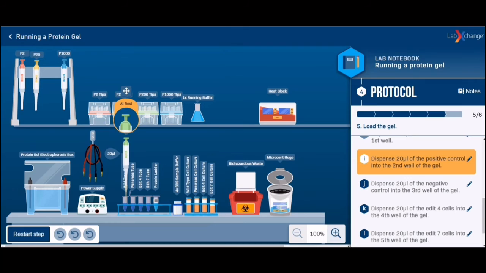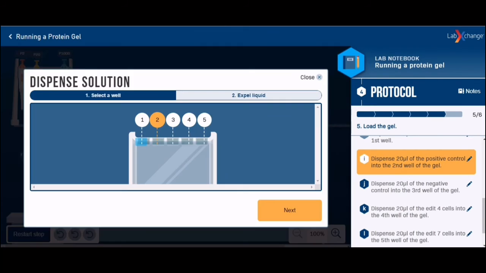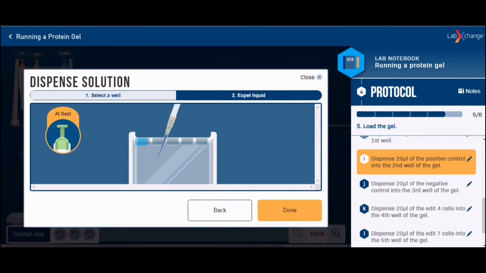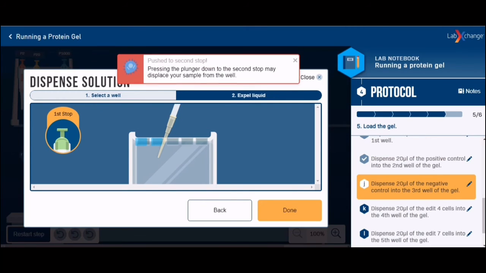First we need to know what cell type the positive control is. Put it in the second well of the gel.